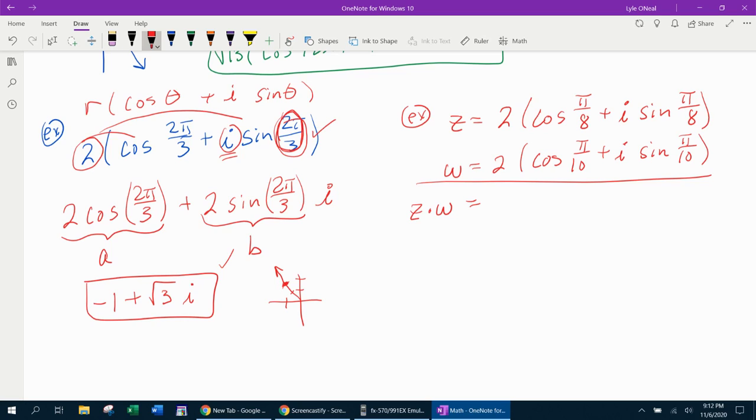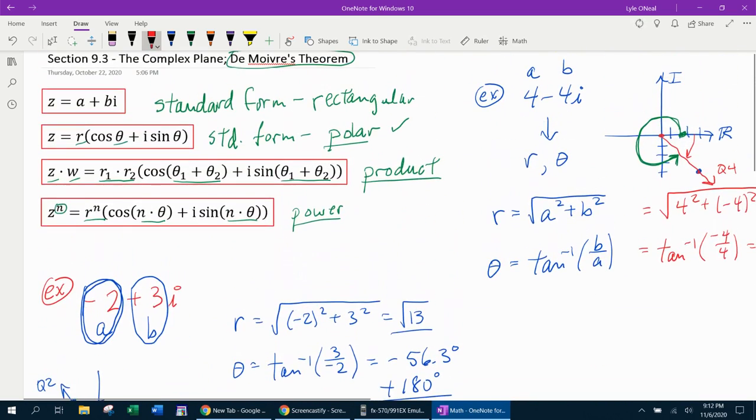And it says write each answer in polar form. Lucky for us, they're already in polar form. So we can scroll back up and look at our formula if you want to. To find the product, it says we need to multiply the radii and add the angles.